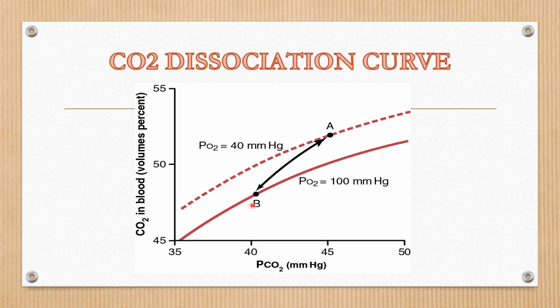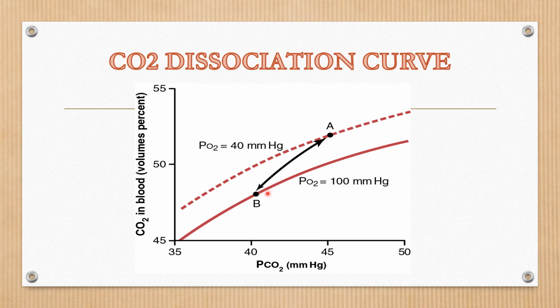This curve is at PO2 of 40 mmHg and this curve is at PO2 of 100 mmHg. At PO2 of 40 mmHg, the CO2 concentration in the blood is higher compared to PO2 of 100 mmHg.